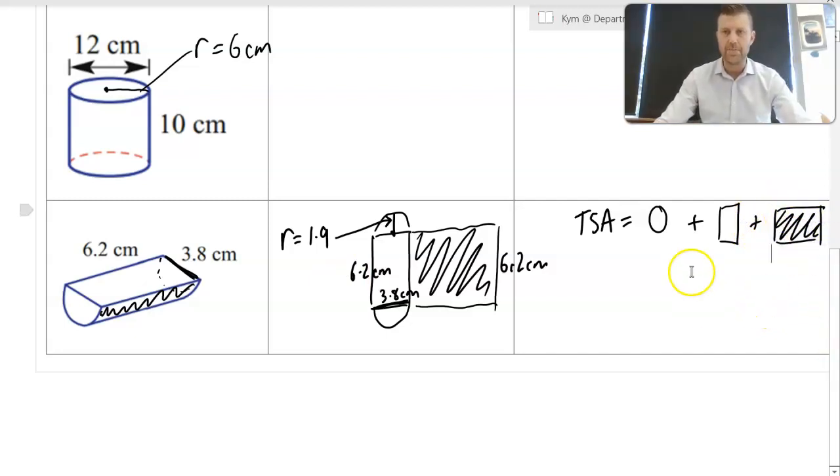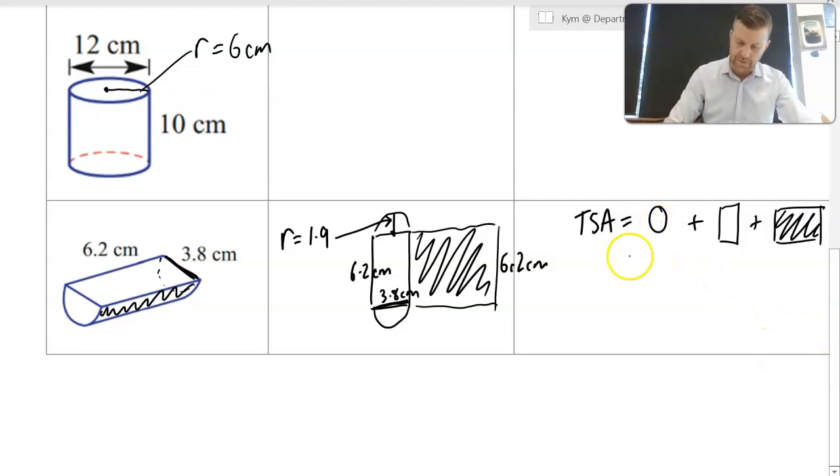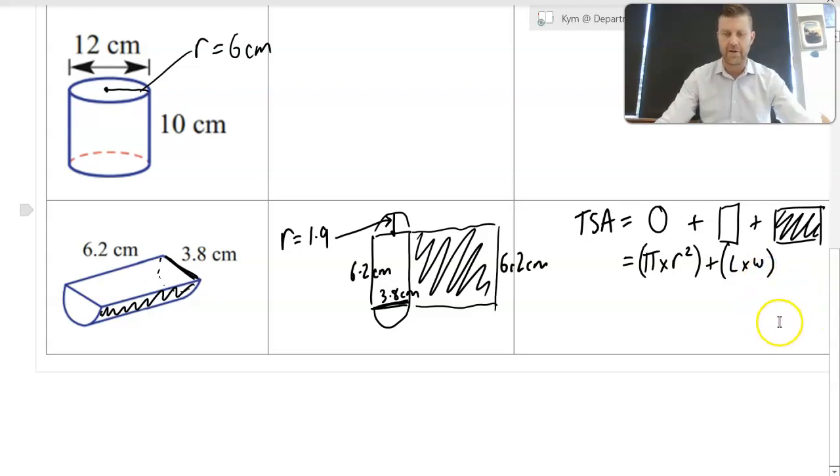If I'm working out the area of a circle, I'm using the formula pi times radius squared. For a rectangle, with the length and the width given to me, I'm just using length times width. And I'm working out the area of that final rectangle.